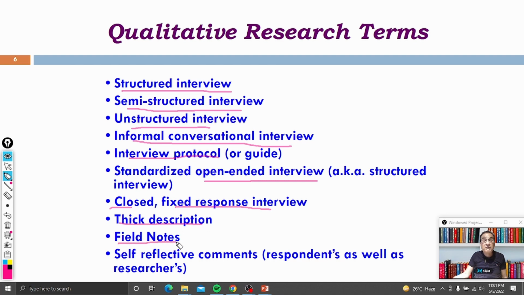We also take field notes in qualitative research, and they are descriptive field notes and reflective field notes. I will discuss these two points in an upcoming slide. Next, self-reflective comments, of the respondent as well as the researcher. So these are the qualitative research terms mostly used.